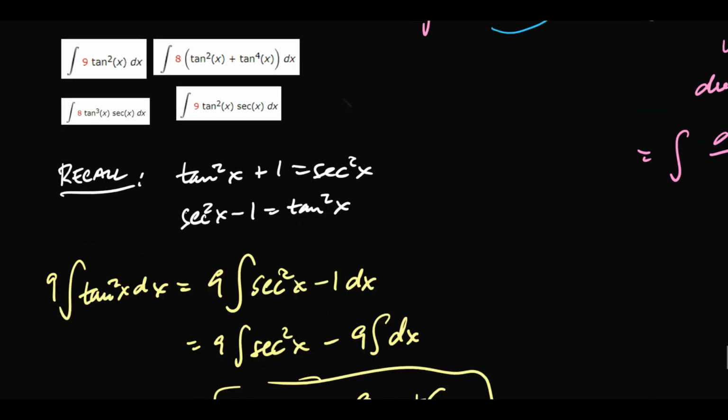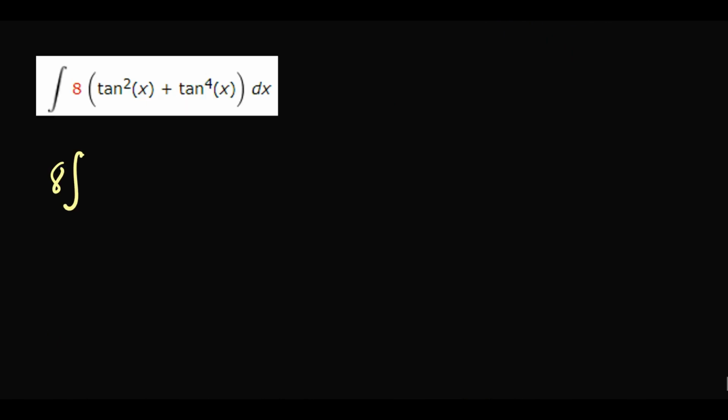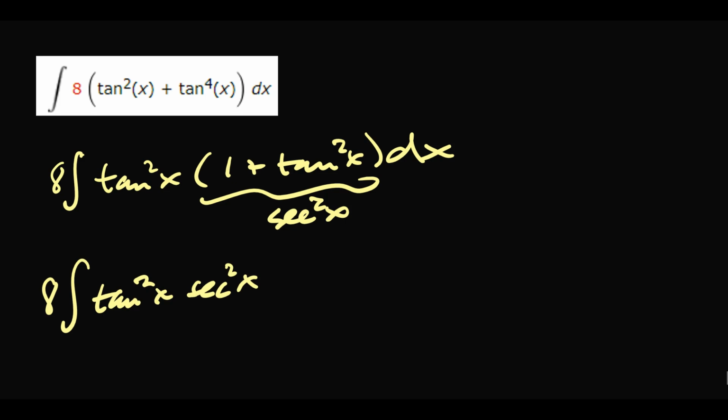The next one up here with the 8 in it, first of all, I'll pull out the 8, and then I'll pull out a tangent squared of x out of the interior: 1 plus tangent squared of x dx. This now is just secant squared. So you can get 8 integral tangent squared x secant squared of x.